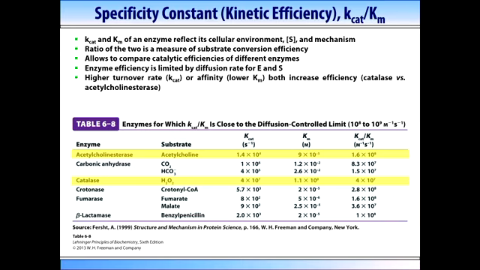However, when we calculate the ratio of these two values, we get an ultimate indication of how good or bad the enzyme is. And we can see that when we calculate that ratio, catalase, which has an insane turnover number, is not as efficient as acetylcholinesterase, which crunches much fewer molecules of substrate per second.